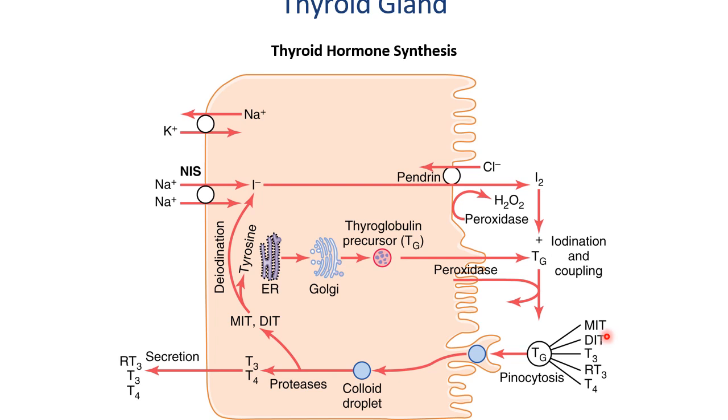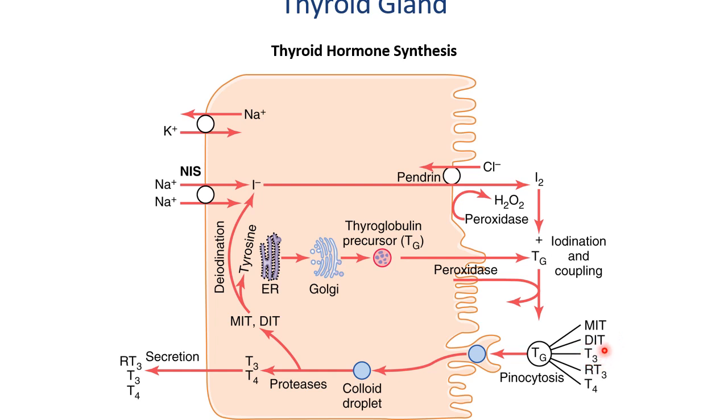And so, if you combine multiple mono or diiodotyrosines, you will be able to form combinations of these that are either T3, which means you have three iodine atoms. So T3 is formed from the combination of monoiodotyrosine, 1 iodine, and diiodotyrosine, 2 iodine atoms. So 1 plus 2 equals 3. So that will form your T3.